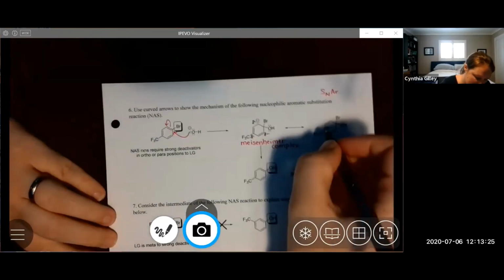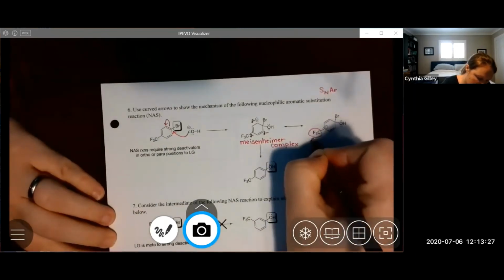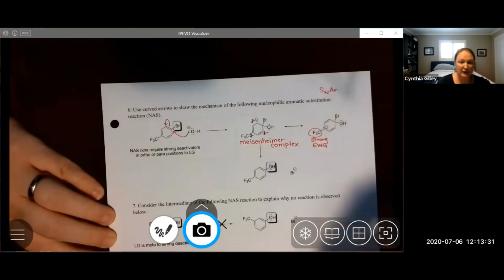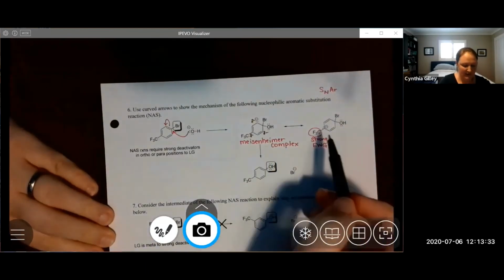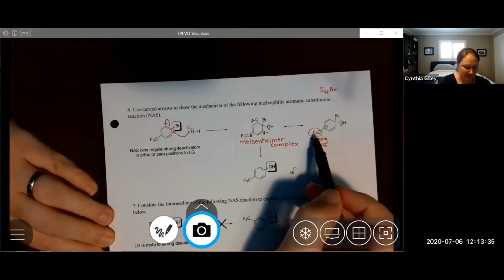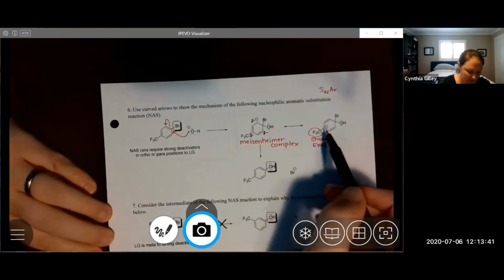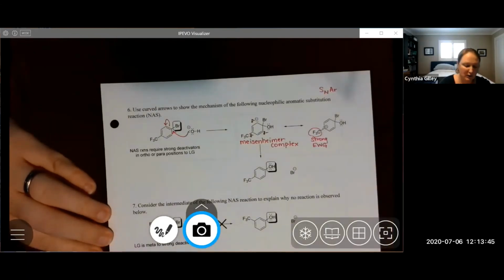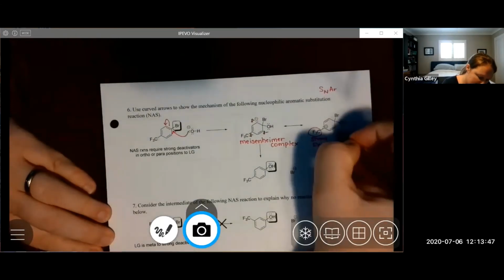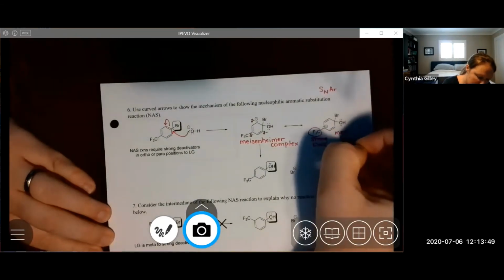Remember that this is a strong electron withdrawing group. That's good because it can help take away some of the electron density from the negative charge. Right? So having an intermediate where the negative charge lands right next to a strong electron withdrawing group makes this the most stable resonance.